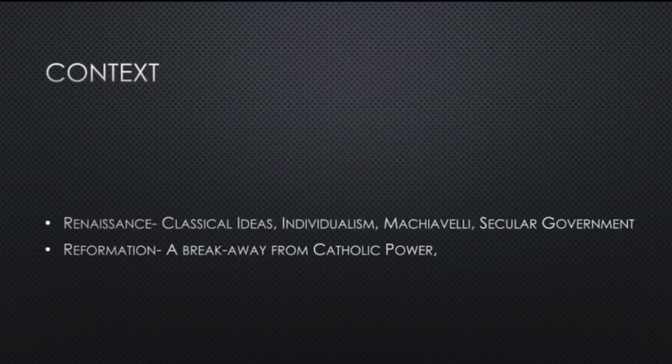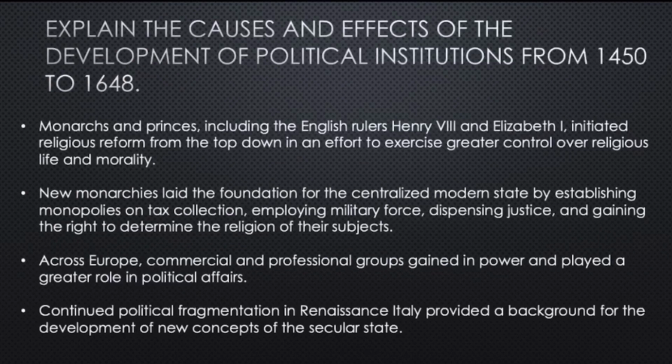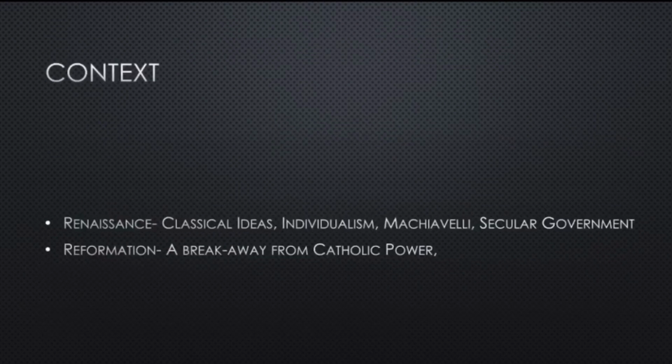For the Renaissance, we can talk about classical ideas, the revival of that, individualism, Machiavelli and his The Prince, like I talked about earlier with the French section, and the emergence of the ideas of secular government, like we saw in the final key point that AP showed us. The Reformation was a breakaway basically from Catholic power. Everyone tried to reform the Christian religion, and that continued the emergence of secular government.